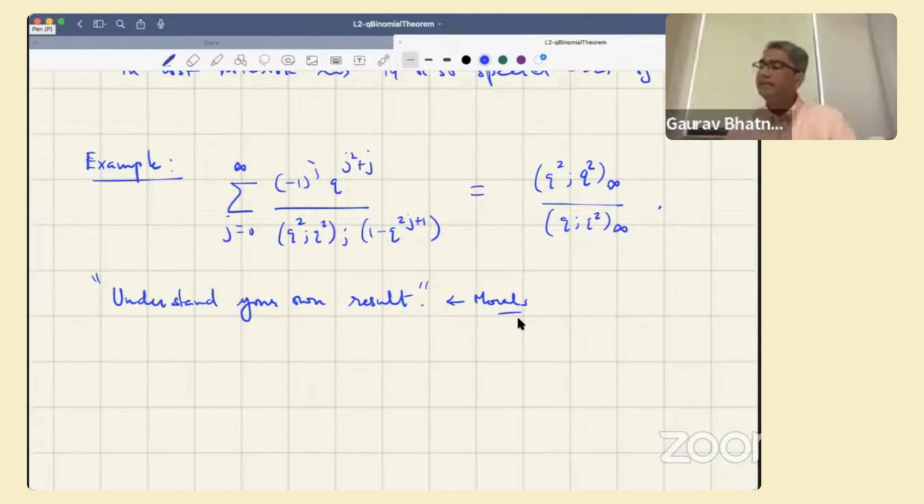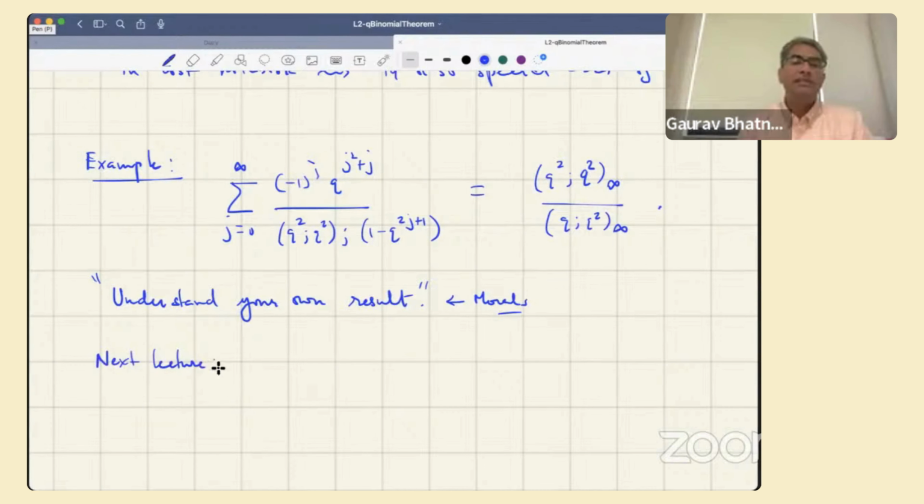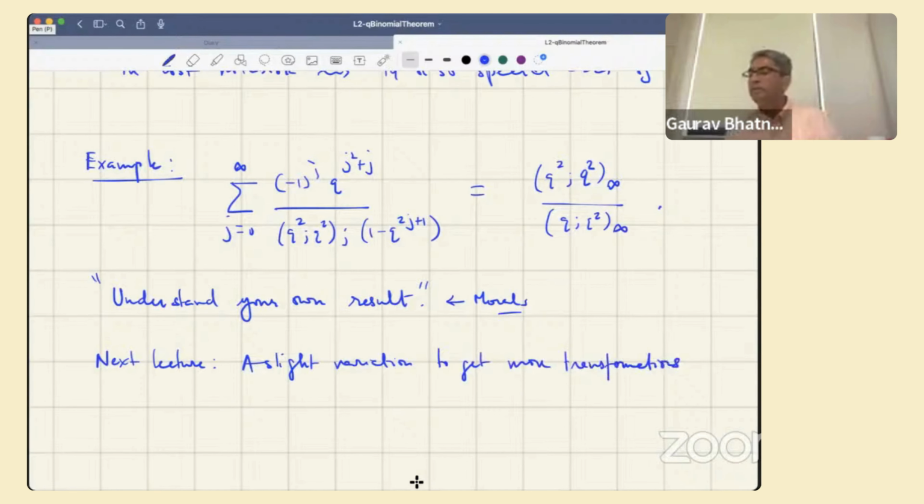And the next lecture will be on a slight variation of Heine's method to get more transformations. And then we will look at maybe some infinite product theory, so that we understand how to take limits.